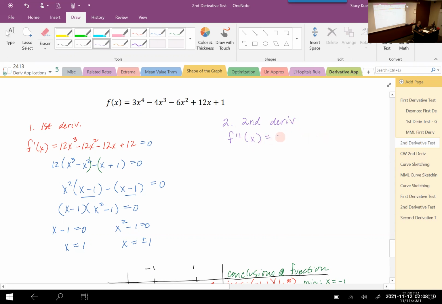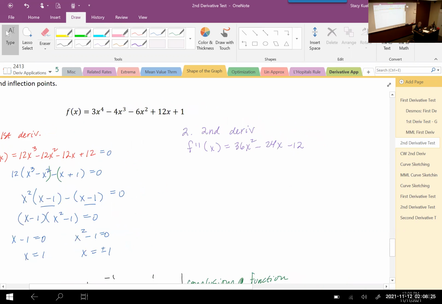And I would find out that that would be 36x squared minus 24x minus 12, right? Set that equal to 0. Solve it.